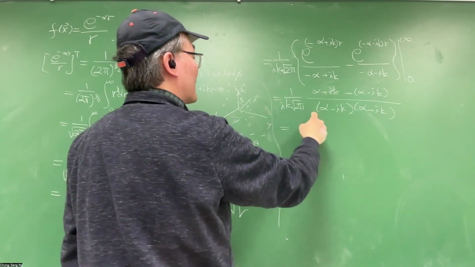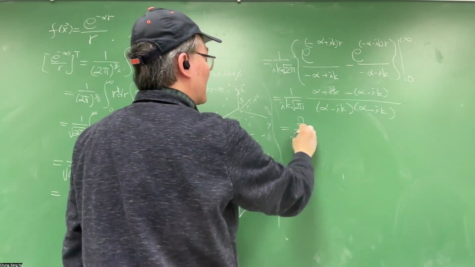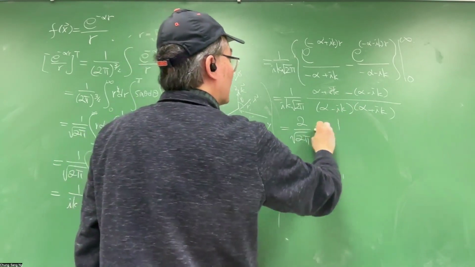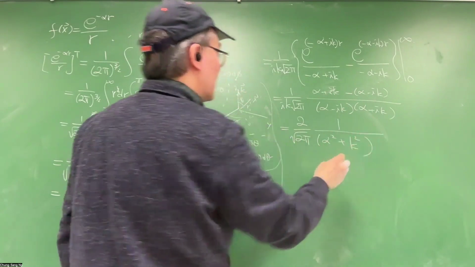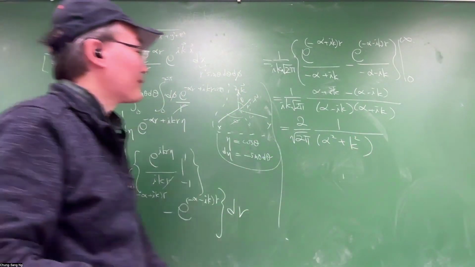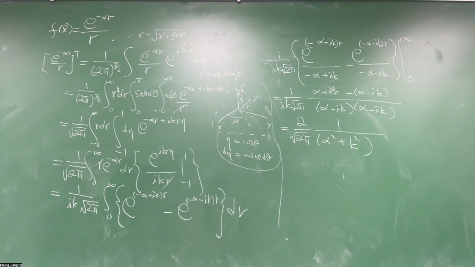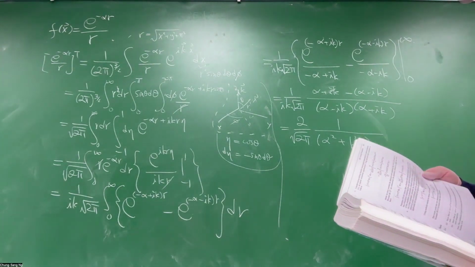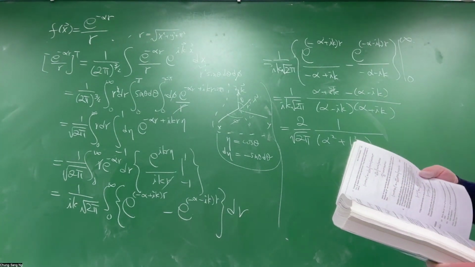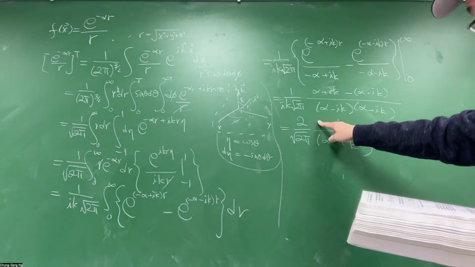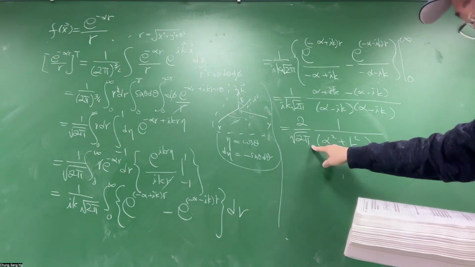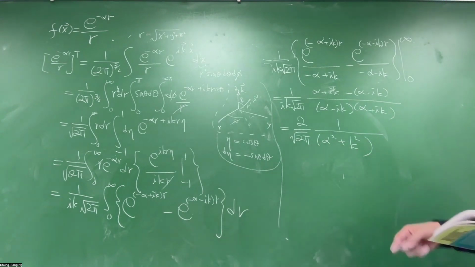The ik cancels, and it becomes a factor of 2 pi, and the denominator becomes alpha squared plus k squared. This is the answer. This should be equation 20.41, though the textbook writes it differently. It's multiplied by 2 pi and divided by 2 pi, so the factor is different, but it's the answer.